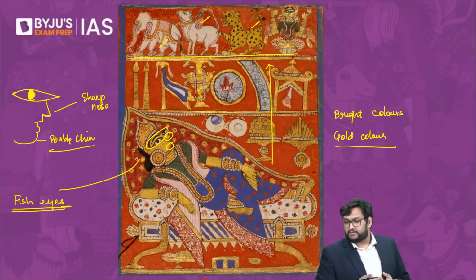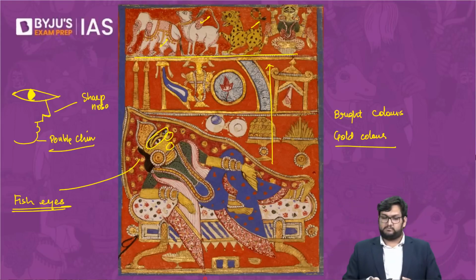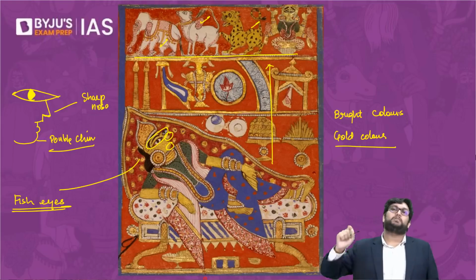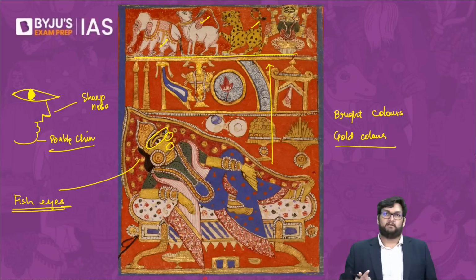I cannot understand why they cannot draw normal human eyes. What's the issue? Again, painter aesthetic choice. They did not want to make it that way. They found it boring. The simple point is that these are things which are linked to the basic established aesthetics of that period.